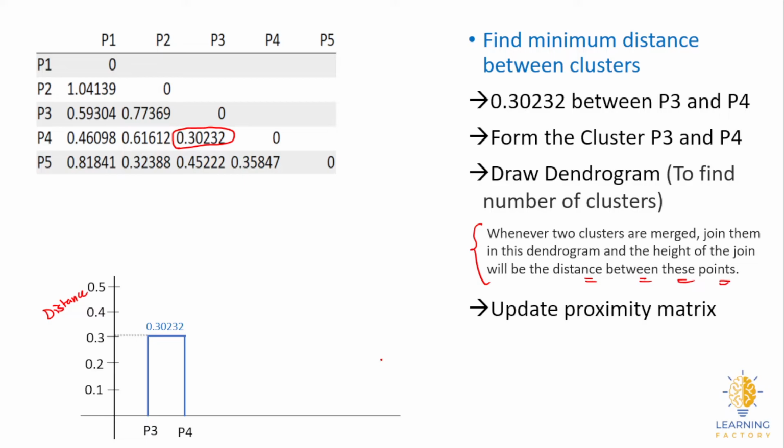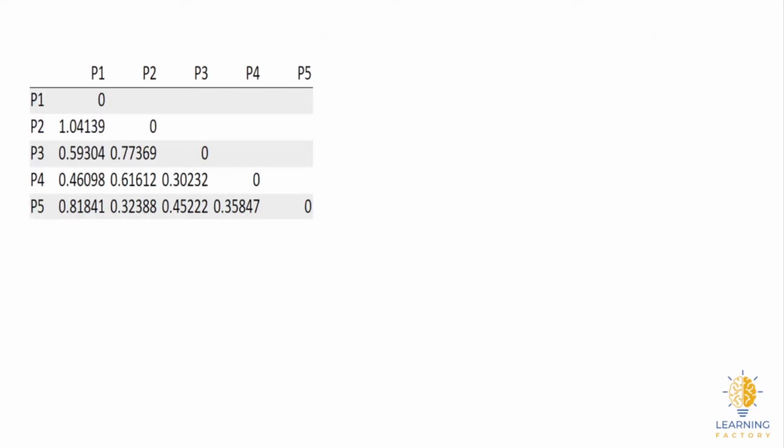Now the next step is to update the proximity matrix. While updating the proximity matrix, we need to make use of single linkage, as stated. So let's proceed. This is the proximity matrix that we have, and this is the minimum distance we computed, so we cluster P3 and P4.